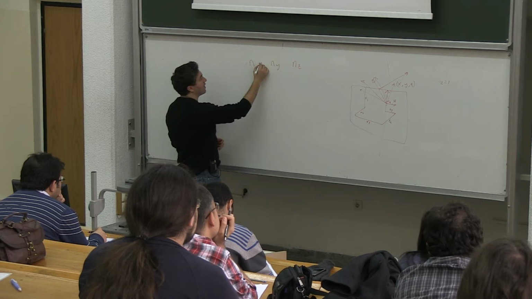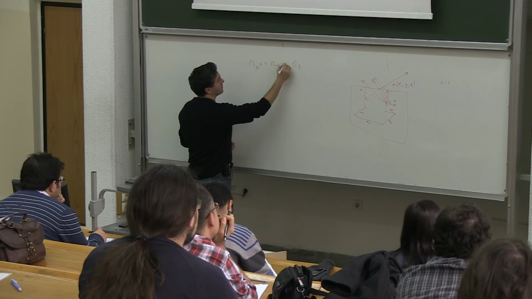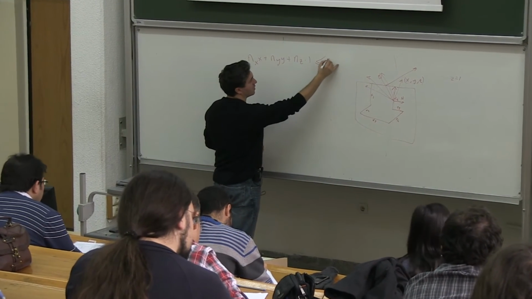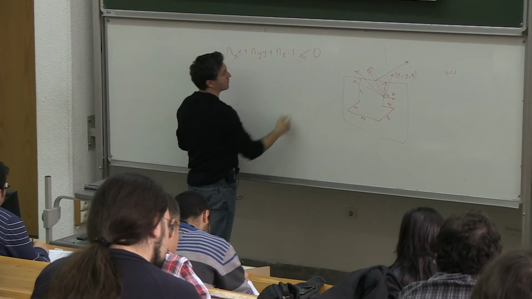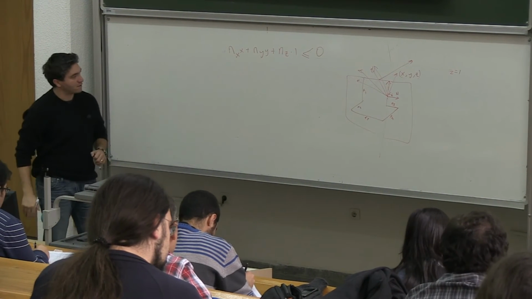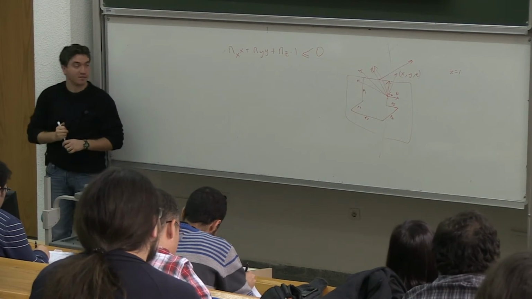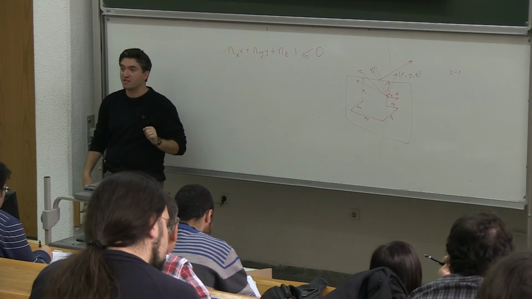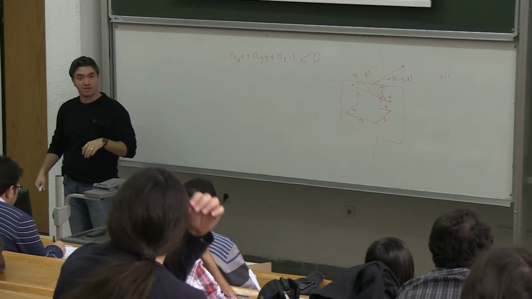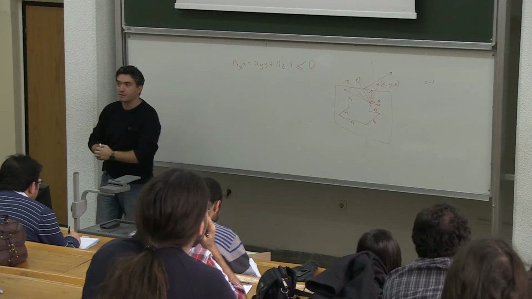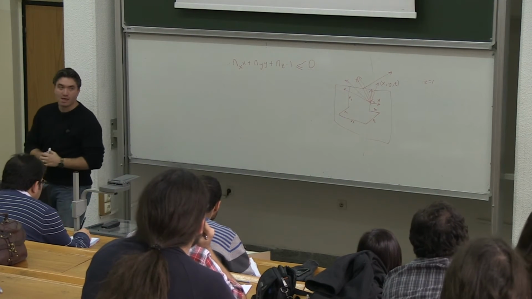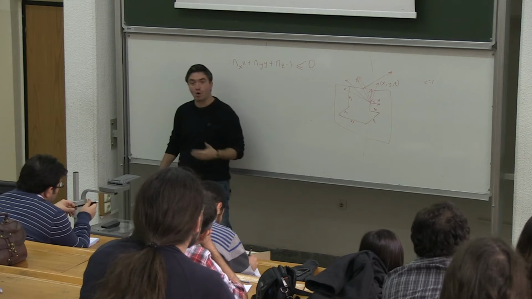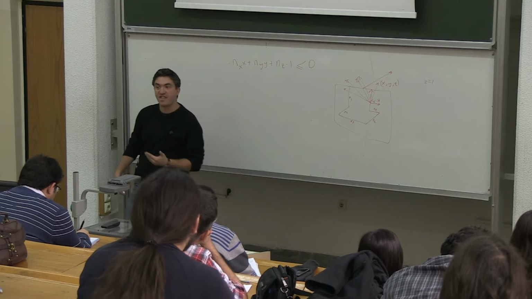We are looking for an xy vector such that nx x plus ny y plus nz is less than or equal to 0, greater than 90 degrees. This is the dot product, which gives the cosine of the angle, and being greater than 90 degrees means that the cosine of that angle is negative.